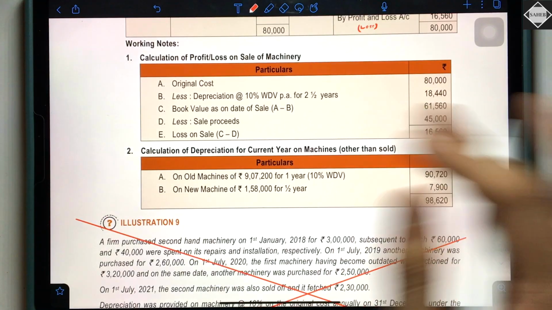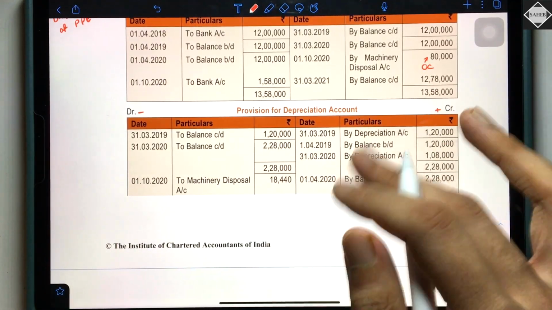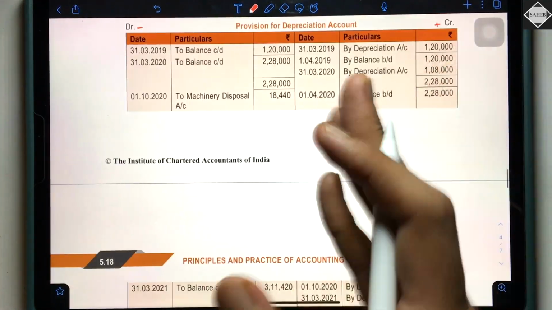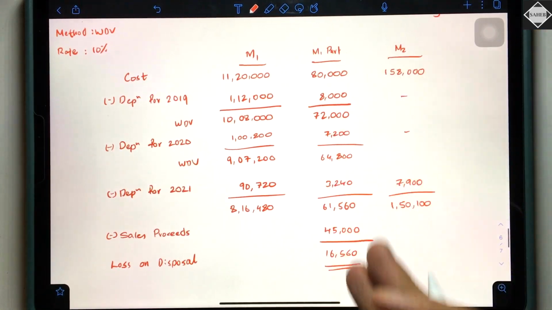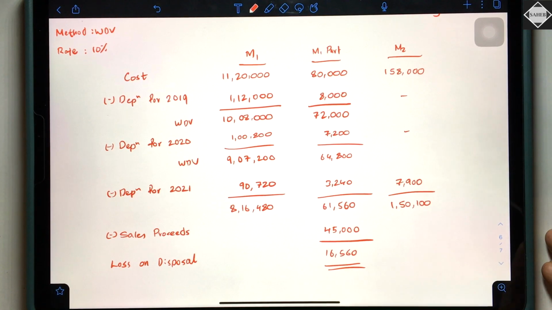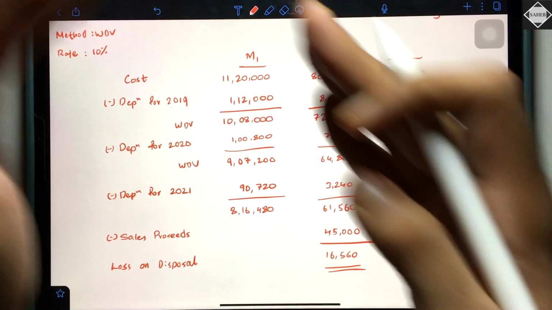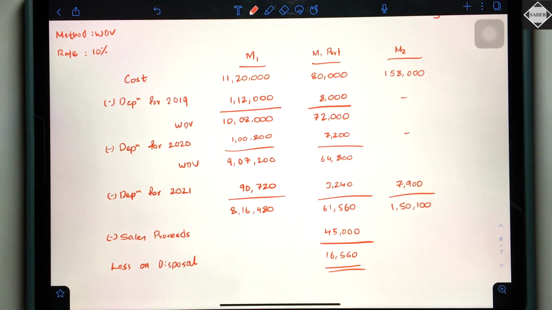Now this working note is not enough. If you follow this working note, then you'll need to make so many calculations for each of the years. It's better to do this calculation, really simple calculation. As you go on purchasing new machines, you have to make new columns, and if any part has been sold, then you have to bifurcate the machinery into the remaining machine and the part, and separately charge the depreciation.